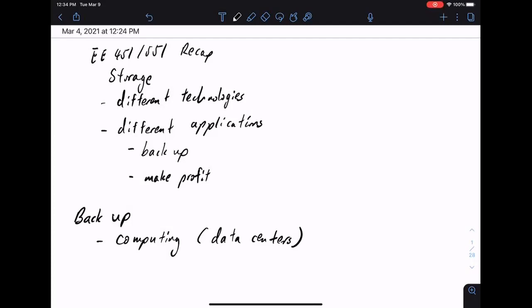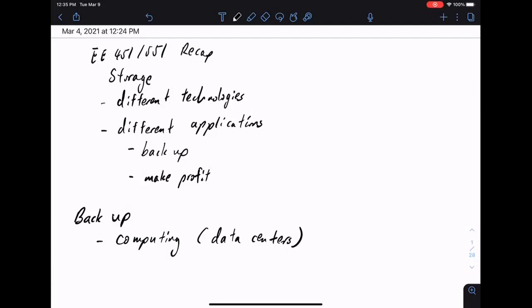So if you are a data center and you're using battery storage for backup, what should the power capacity be? Let's say you're operating a data center, and whenever we build a data center now, we have to build associated storage with it. Remember what the power capacity is?